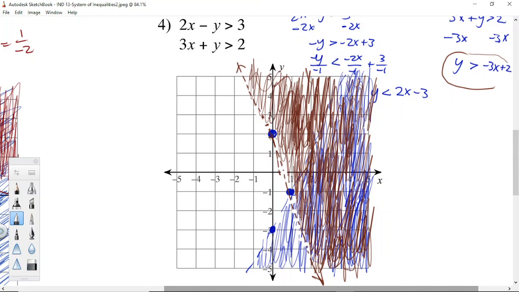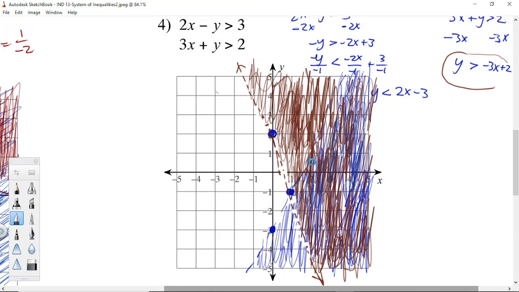Let's see, gotta switch colors to shade below that line. So the problem is that dashed line doesn't show up very good.